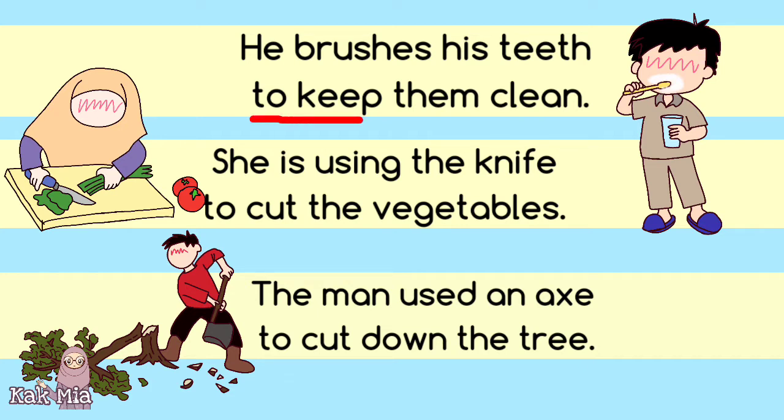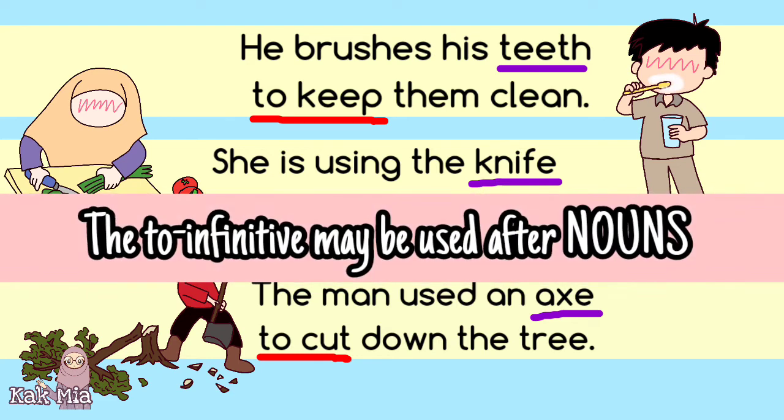They are to keep, to cut, and to cut. Now, pay attention to the words used before these infinitives. We have the nouns teeth, knife, and axe. So we can conclude that the to infinitive may be used after nouns.